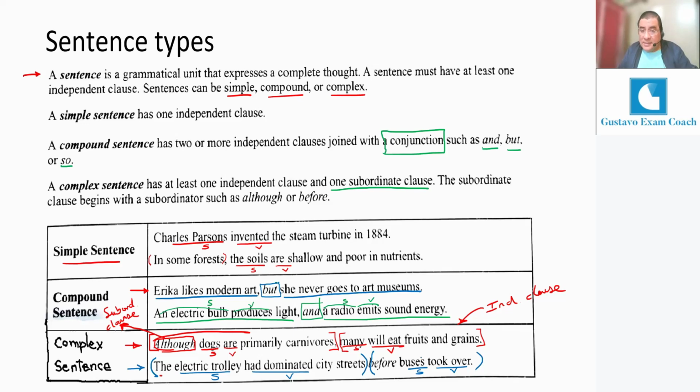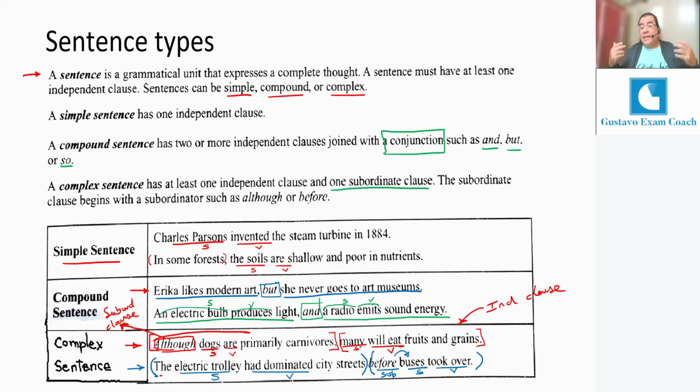Before is this subordinator placed before buses, and it indicates that this clause cannot stand alone as a complete sentence. If you just said out of the blue, "before buses took over," anyone listening to you would say, okay, so what? Before this, what happened? Yes, you need something else to complete the idea.